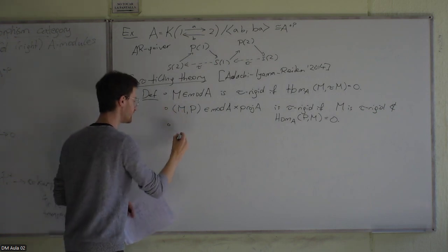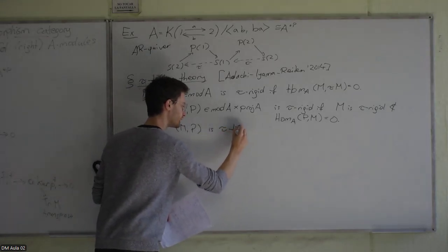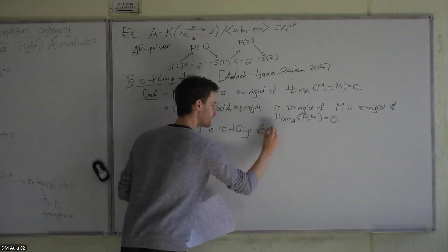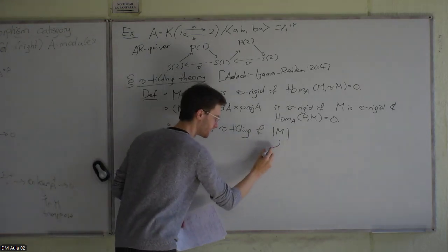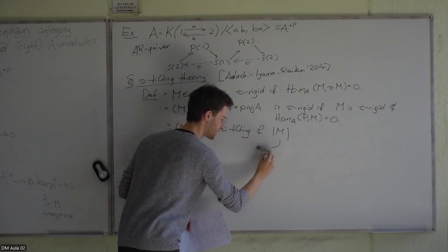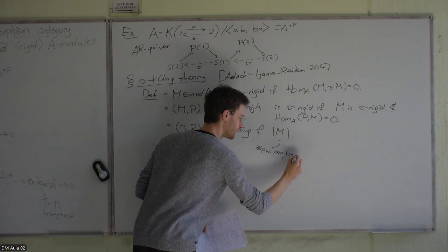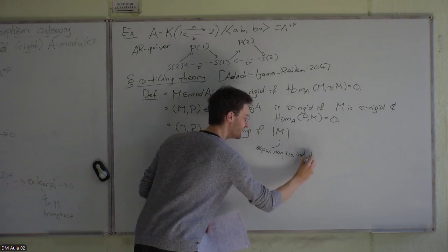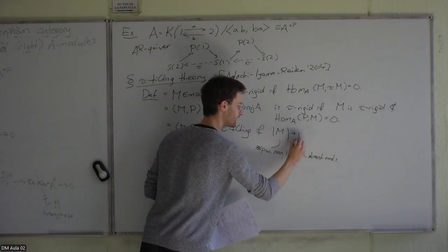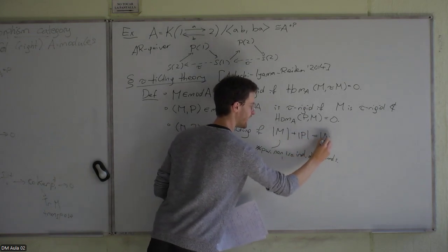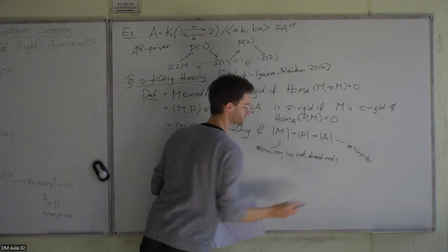Finally, one special case of these is that we say that (M, P) is tau tilting if the number of pairwise non-isomorphic indecomposable direct summands of M plus those of P is equal to those of A, where this somehow can also be seen as the number of isomorphism classes of simples.